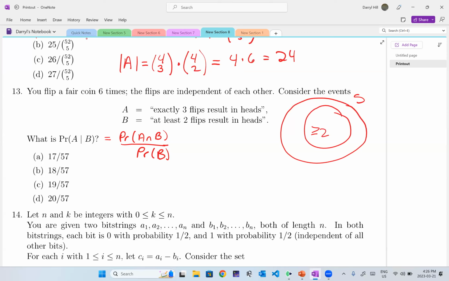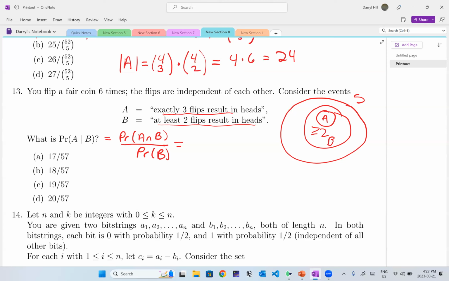So this is B, and then A is actually contained in B. All right, so in this case, A intersect B is simply A. If I take all of the flips where I have at least 2 flips that result in heads and exactly 3 flips result in heads, that is simply exactly 3 flips result in heads.